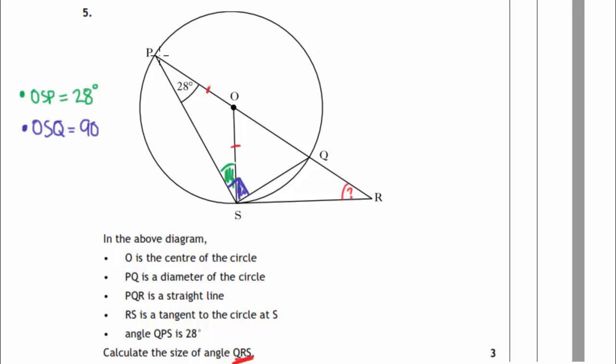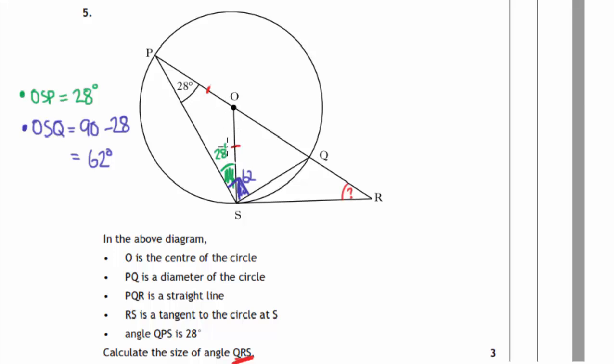Any triangle in which a diameter is one of its sides will have a right angle, so OSQ is 90 minus the 28. That must mean that is 62, so that angle is 62 degrees and that one is 28.